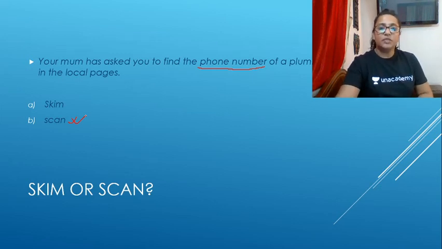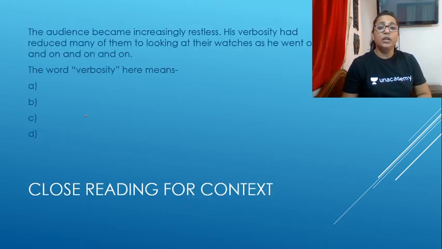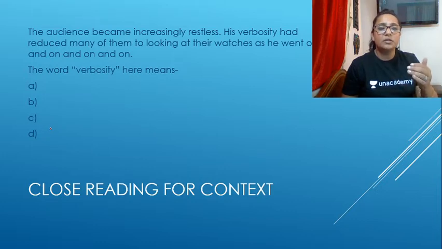And last but not the least, close reading for these type of questions. When you're given a passage and perhaps a word is selected from the passage and you have to tick the correct answer, multiple choice, the meaning which is the closest in this text to this particular word.